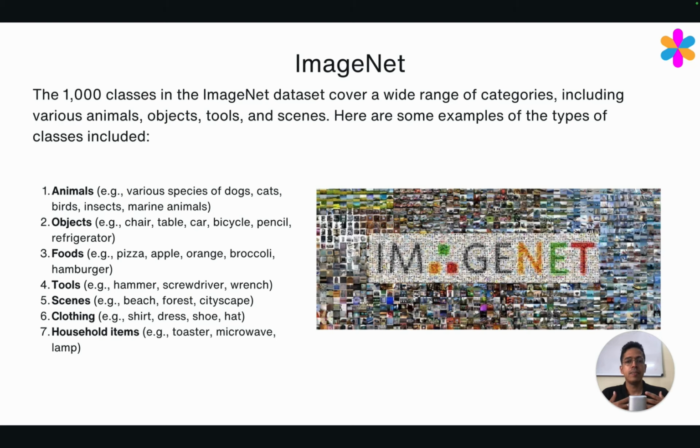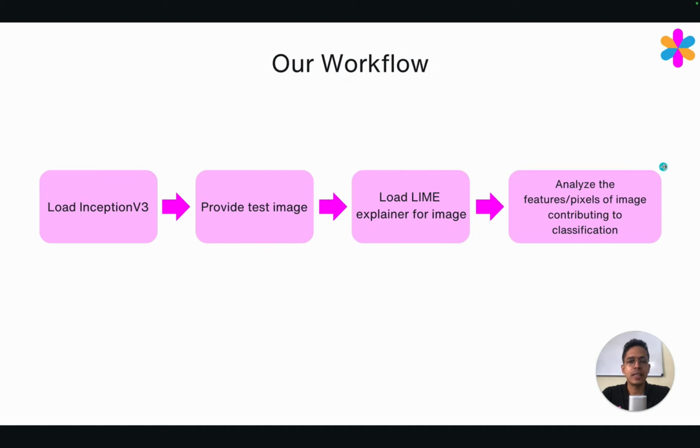Whenever a husky was found in a background of snow, it was being classified as wolf. When we looked at why this classification was happening, we could see that the neural network was actually focusing on the background, which is the snow. So instead of being a good husky versus not husky classifier, it was a very good snow detection algorithm. So using LIME, we'll see how we can check if the neural network is seeing the right thing.